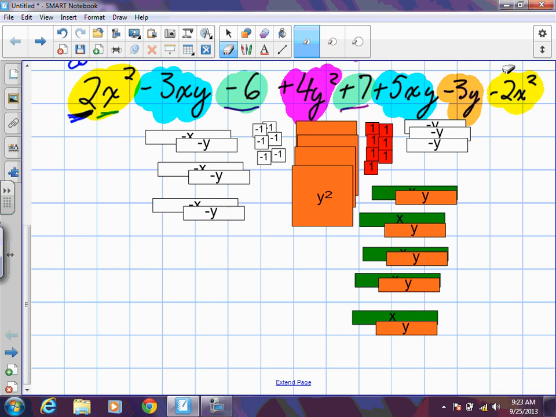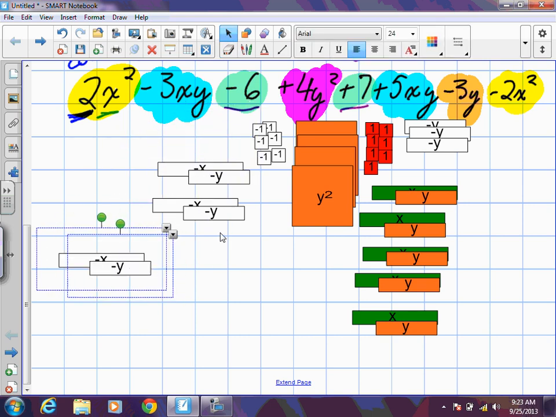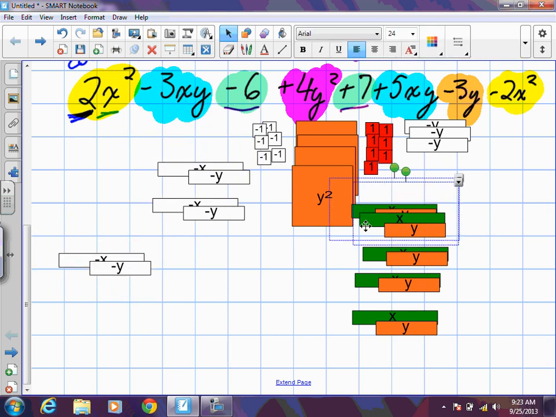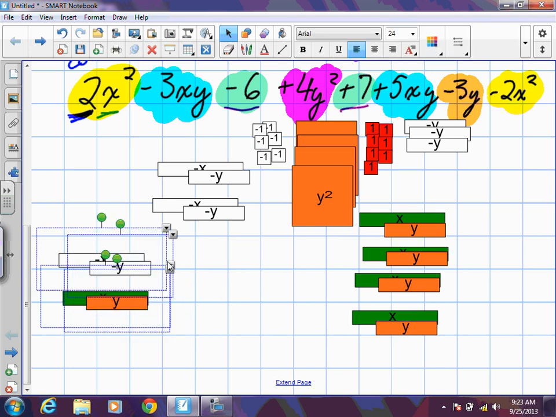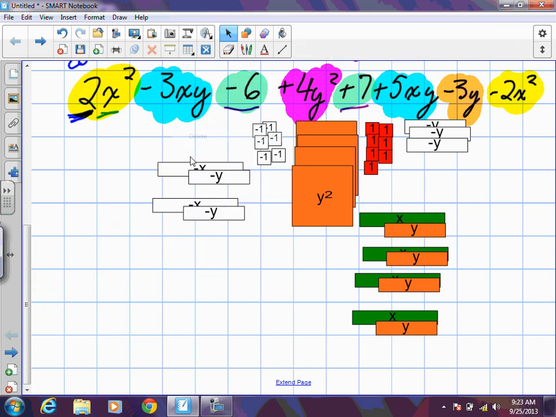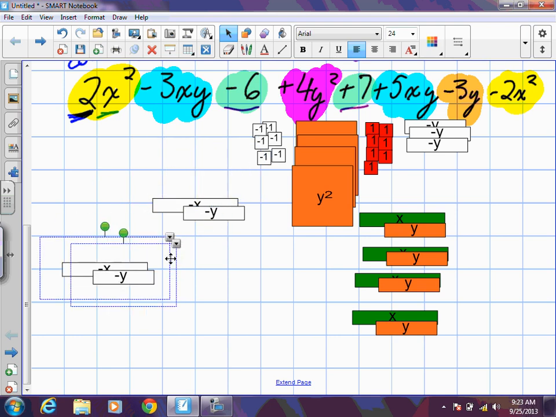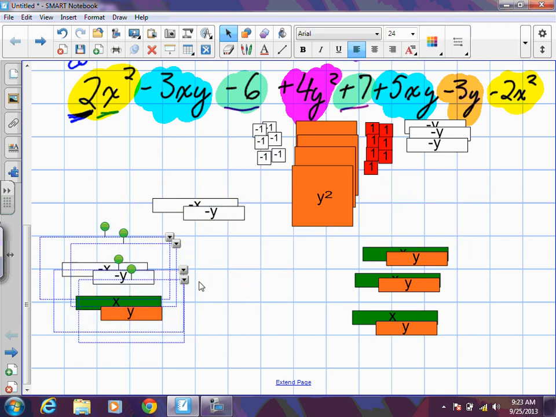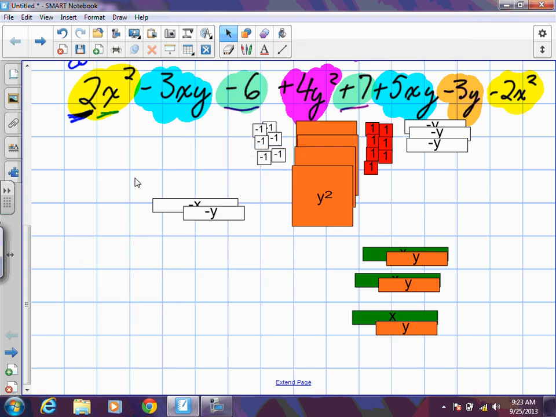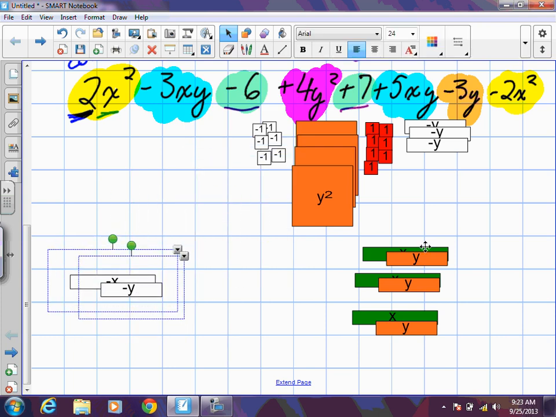Okay? We're then going to take our negative xy's and our positive xy's. And these are going to cancel each other out also. Okay. So we'll take each grouping. There's one grouping, 2 groupings, that's right, 3 groupings.